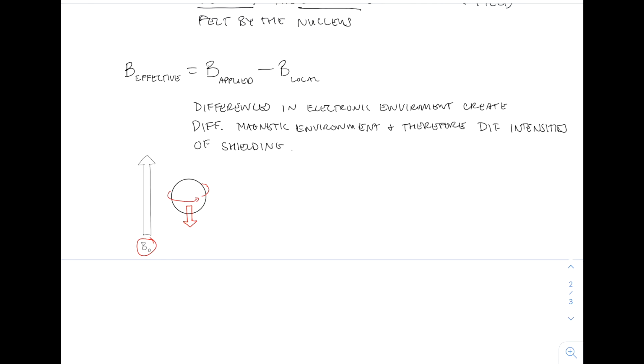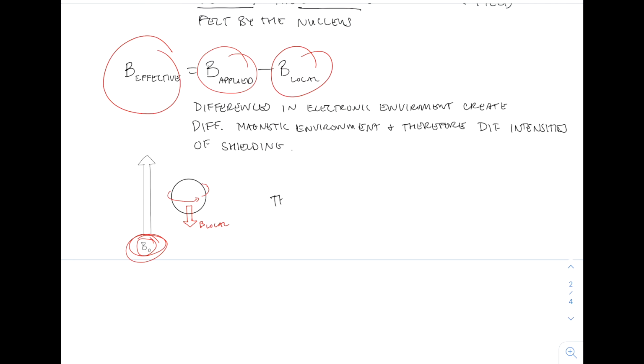Then we get a decrease in the strength of the magnetic field, because you have the B applied, and then minus B local, and therefore we have a B effective, and that is the shielding that we are observing.